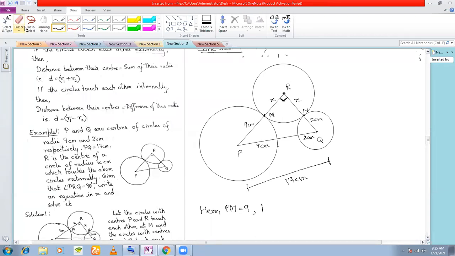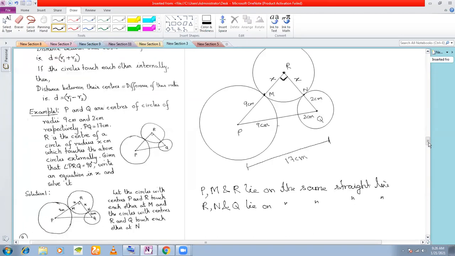Before writing all this, we'll say that P, M, and R lie on the same straight line. Also, R, N, and Q lie on the same straight line.